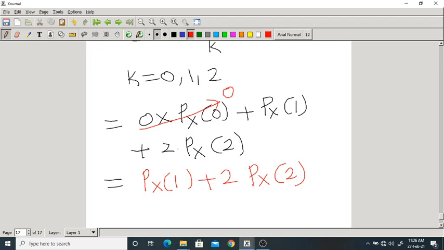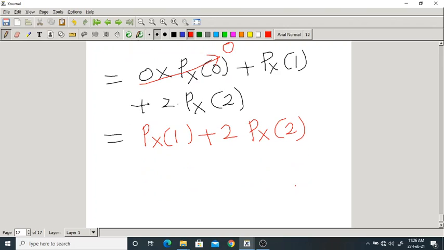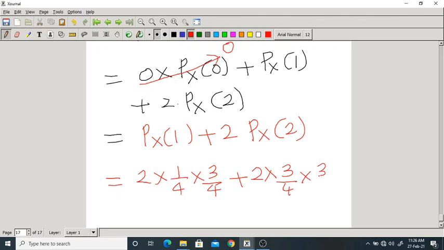What is Px of 1? 2 into 1 by 4 into 3 by 4. You can verify from the PMF. Plus 2 into, what is Px of 2? That is 3 by 4 into 3 by 4. So you solve this, you get 24 by 16.